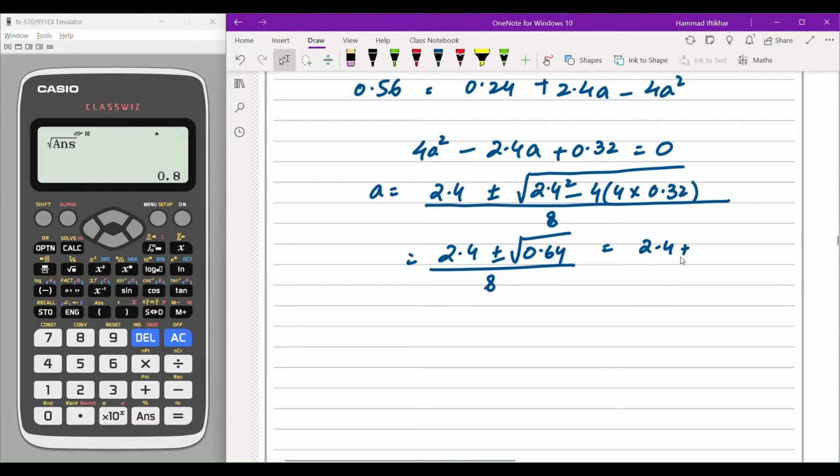So 2.4 plus minus 0.8, over 8. So a is either 2.4 plus 0.8 divided by 8, that is 0.4, or a is 2.4 minus 0.8 divided by 8, that is 0.2.